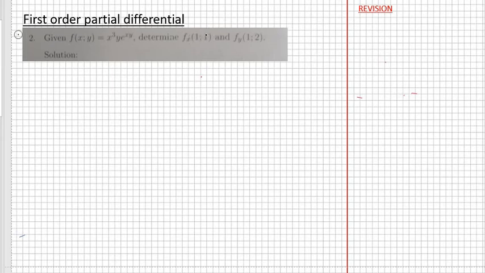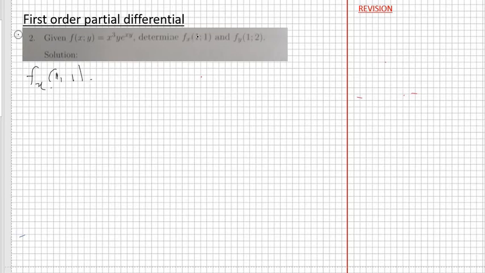So what does it mean? So if they say f x, it simply means that they want us to derive this function with respect to x. So now if they add this number, this is basically a point which is made of the x value which is 1, and the y value which is also 1.